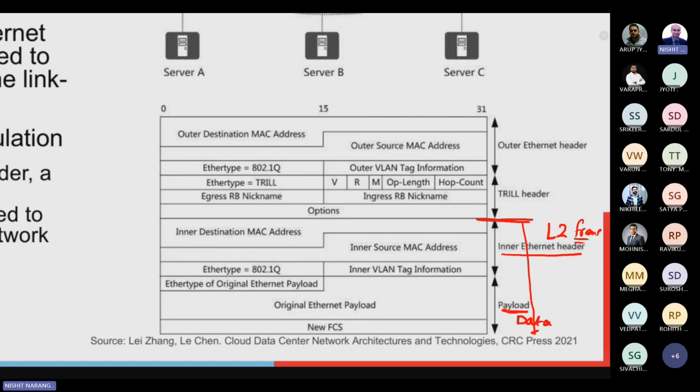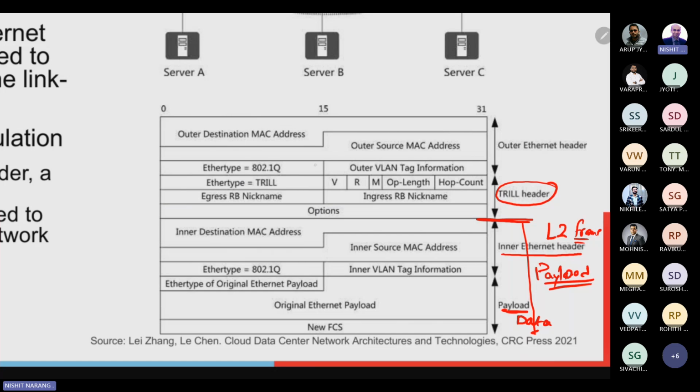I don't want to impact that part of my data plane. I just want my layer 2 frame to be constructed the way it was earlier. But what Trill does in addition is that it adds a new header on top of this. Think of it like your payload, your original data that had to be sent on the layer 2 network. Trill adds its own header on top.